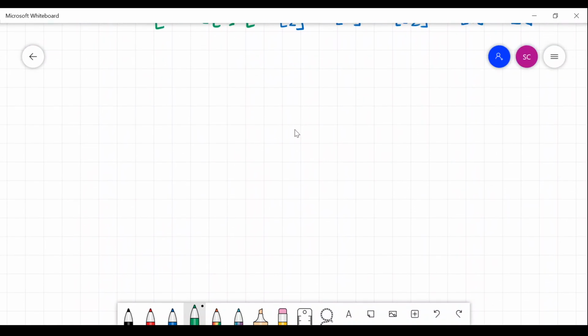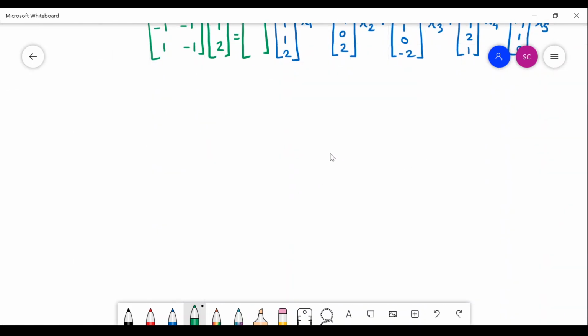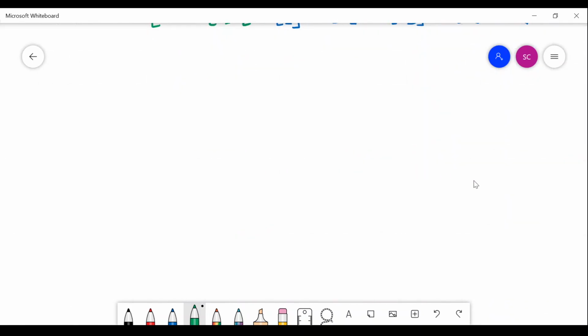And yesterday what we saw was the operation of an n cross n matrix on an n cross 1 vector. So that was almost like our similarity transformation.